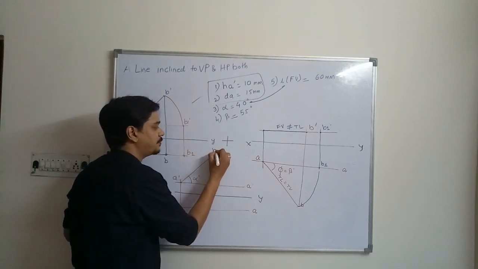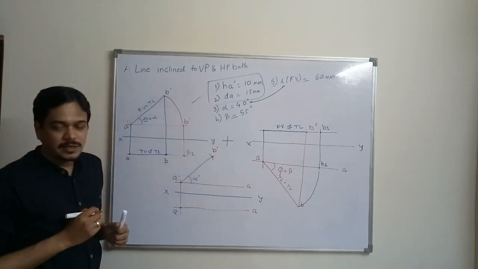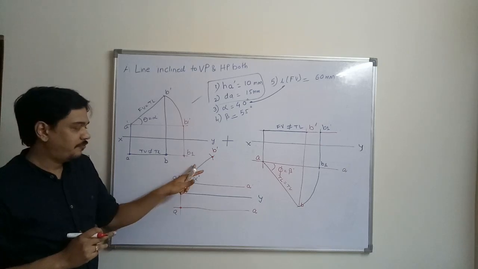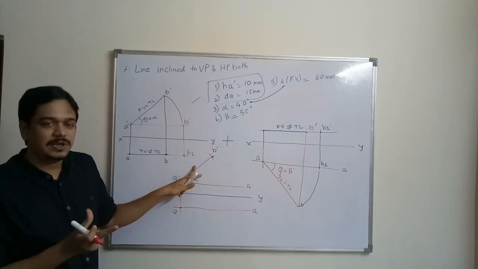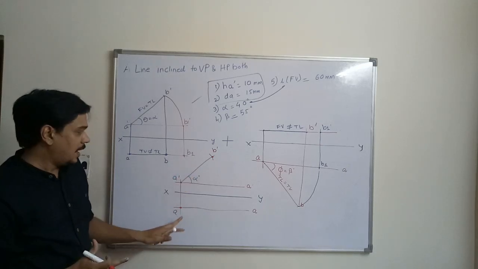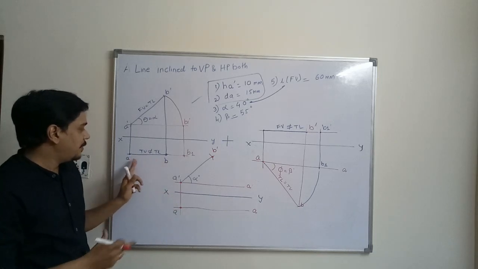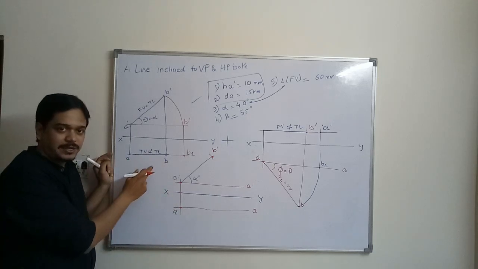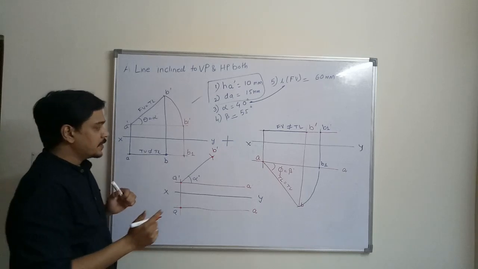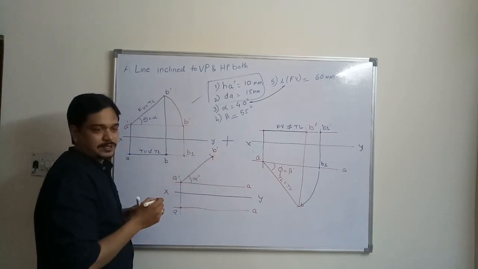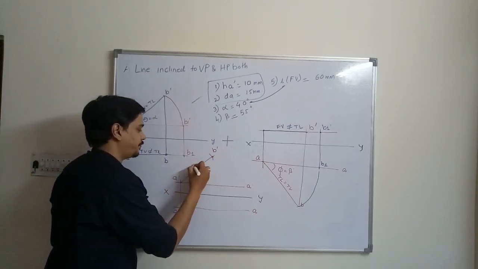Always remember, the points of front view are A dash B dash if the name of the line is AB, and the points of the top view are A and B. Then this is point B dash. You have got the front view.